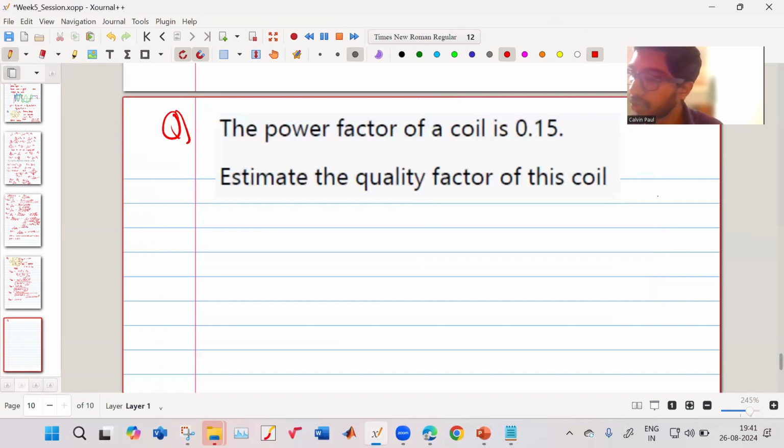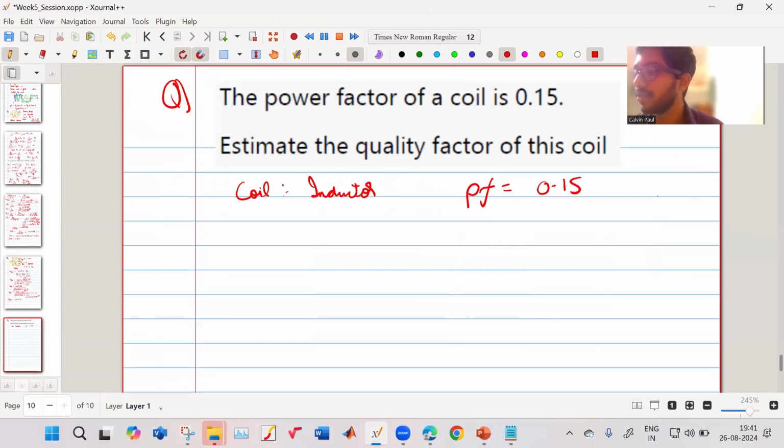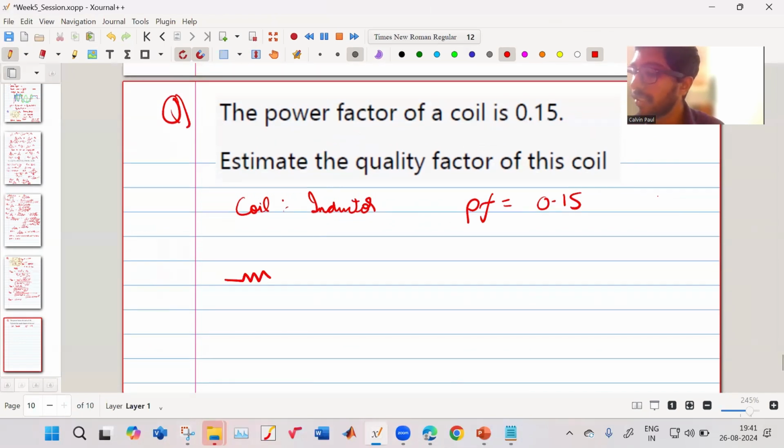If you hear the term coil, you must understand it means an inductor. And they're saying that the power factor of the coil is 0.15. What does it mean? You have an inductor, it has a resistance and an inductance Ls, right? That impedance Z is actually R plus j omega Ls. They're saying the power factor is 0.15.